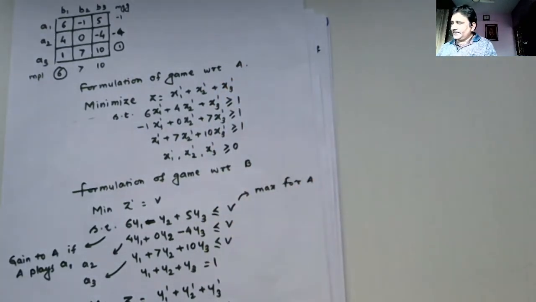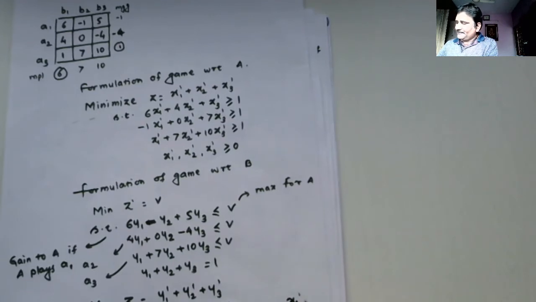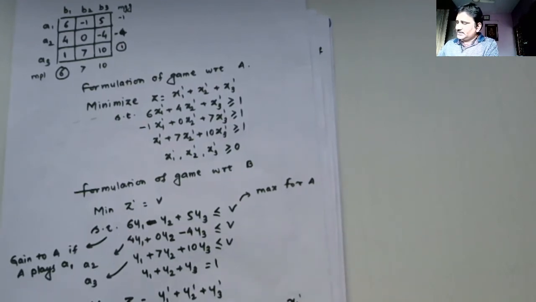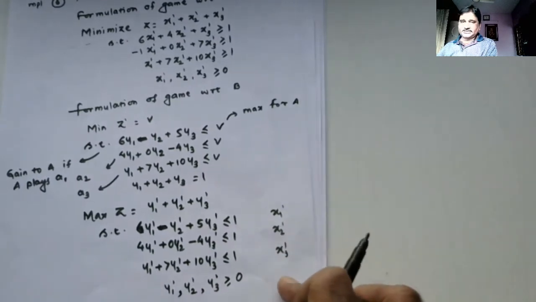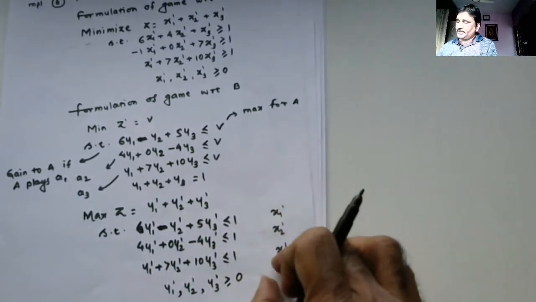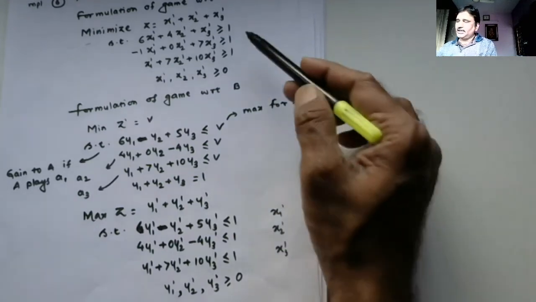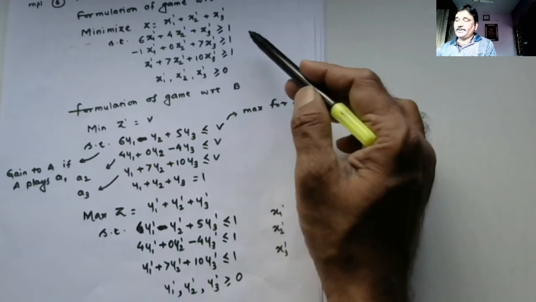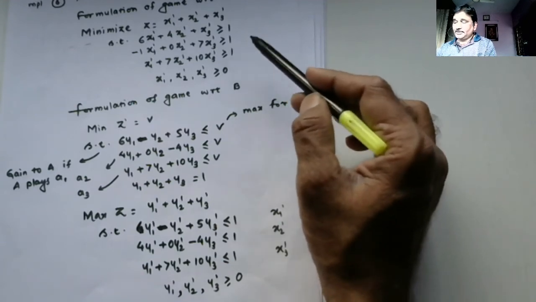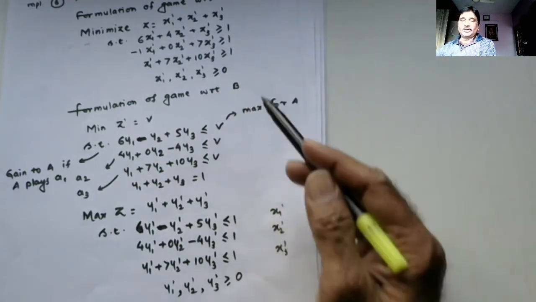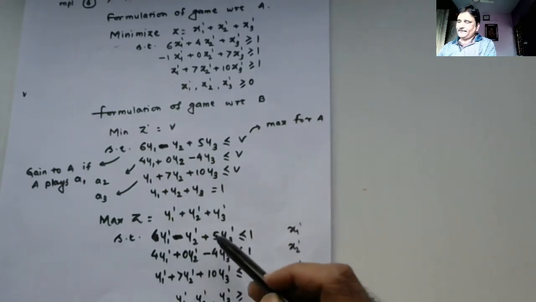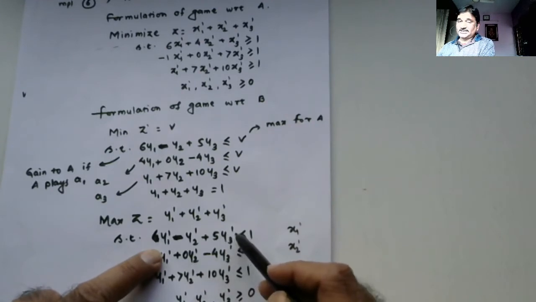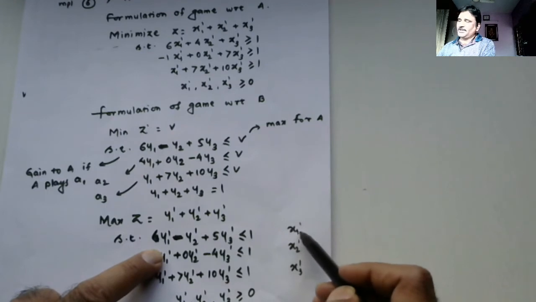I can write x1 dash, x2 dash, and x3 dash ahead of each constraint. If I write x1 dash, x2 dash and x3 dash ahead of each of the constraints and form the dual with these dual variables, I will be getting this problem, that is the problem of A. So these two problems are dual of each other, and if I get the Cj minus Zj values for the slack variables, for the first constraint, s1 dash, that will be the value of x1 dash.